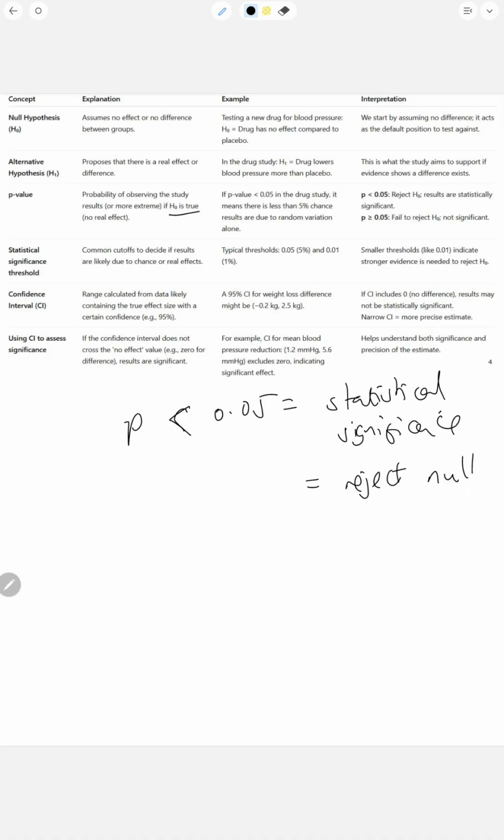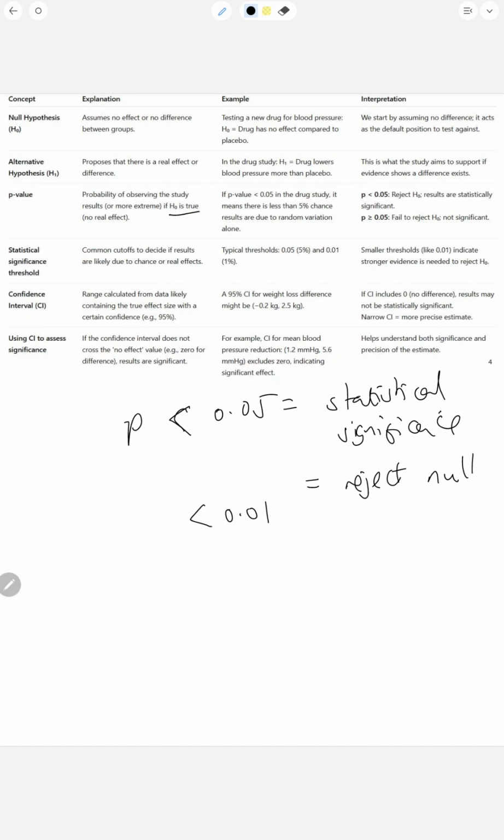Essentially, it tells us if there is statistical significance. If the p-value is less than 0.05, it means there is less than a 5% chance the results are due to random variation alone. A common cutoff used is 0.05. If you want to be more stringent, a smaller threshold such as 0.01 could be used to make the evidence stronger.